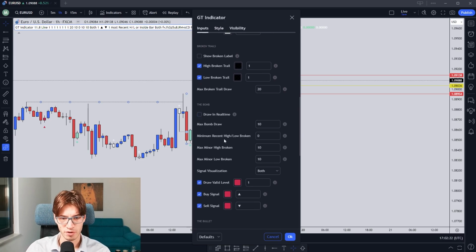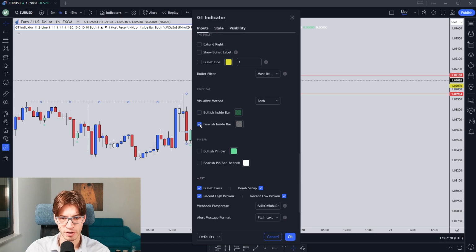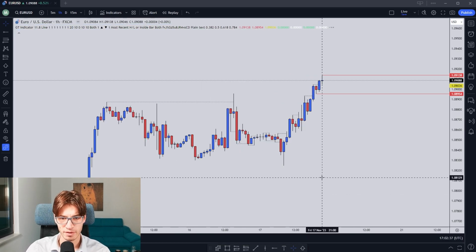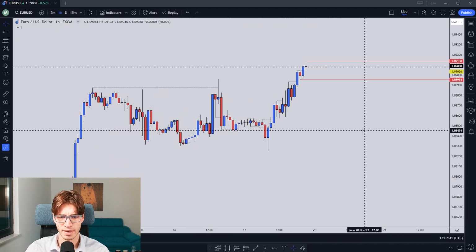Under the bomb, I just turn this off. Turn everything off right here. Here also turn everything off. Inside bar, turn it off as well. And alerts, you can leave how it is. This, turn it off as well. Let's see if this is correct. Yeah, so this is exactly how I use it. This is how I set it up.